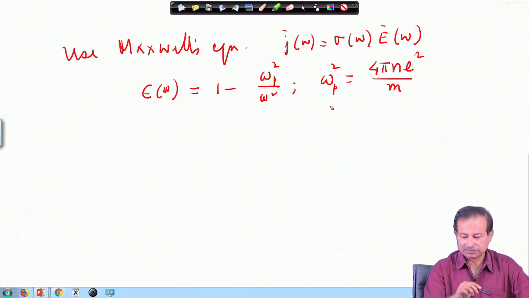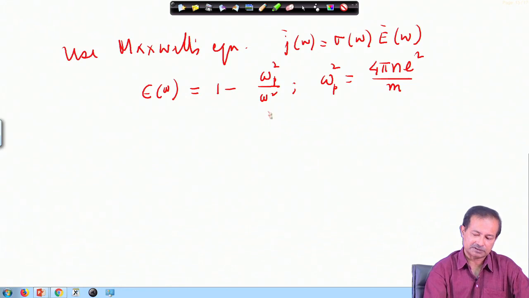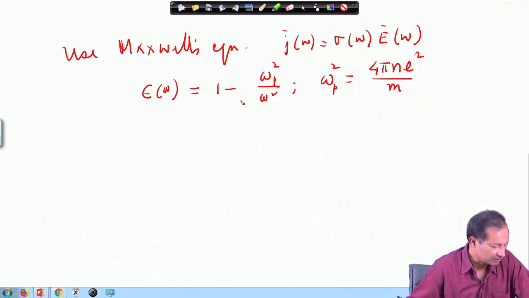This goes into the e to the power i omega t, and then it becomes a complex number, and that means there is a decaying part. If your frequency is not more than omega p, which is called the plasma frequency, then electromagnetic radiation will not penetrate into the system, it will decay down, whereas if it is greater than this, then it will go through.